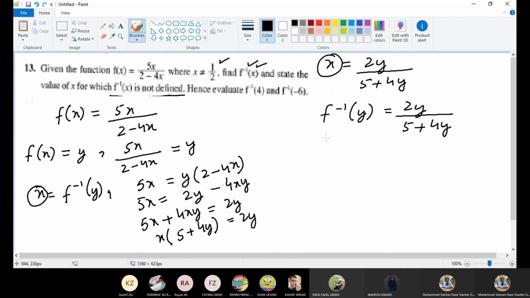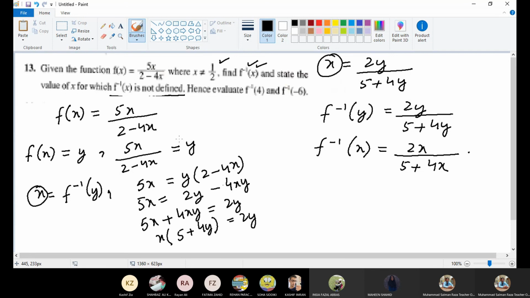As they ask for the function in terms of x, I'm going to replace all y's with x over here. This is how I made my function into the inverse of the function. Achha, now what are they demanding next? State the value of x for which f inverse of x is not defined.